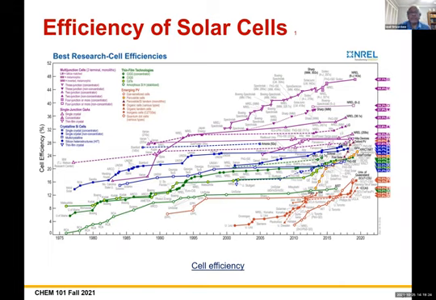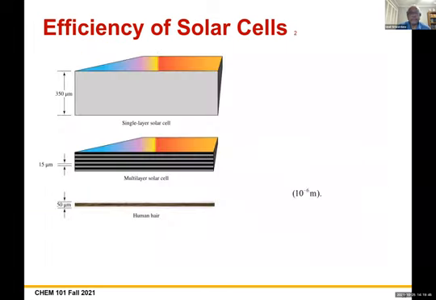So you can fine-tune the solar cell material, silicon, doping, adding other material to it, to increase the solar energy to electrical energy conversion.